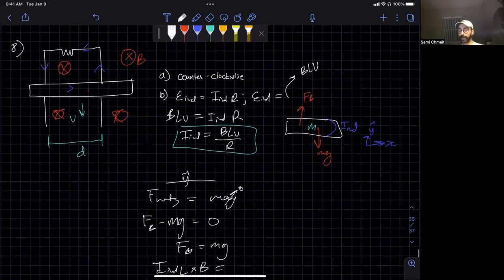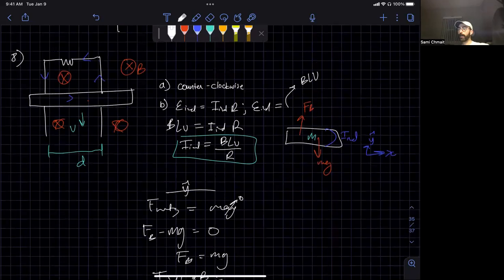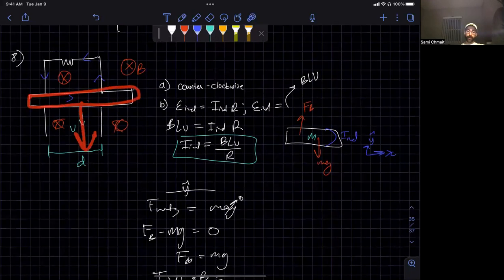So yeah, the key idea is, and what was stumping me for a second, I just couldn't figure out why, is that we're going to be having an increasing area, right? As this rod goes down, the area within here gets bigger, and that means more field can go in. That means the current of the wire must flow in a direction that creates a magnetic field.